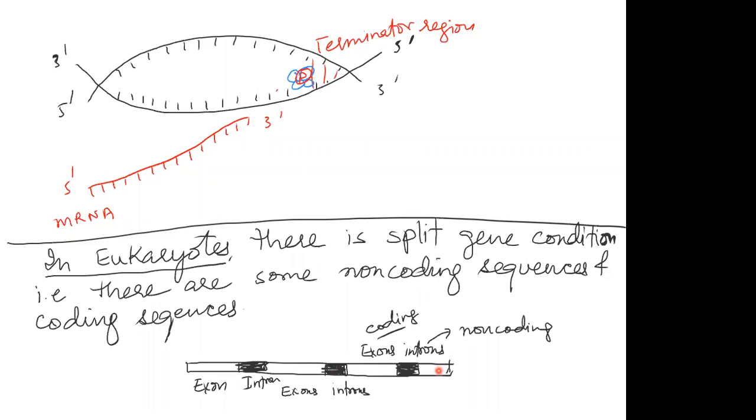So there could be combinations of these exons and introns which may be forming one of the protein or the other. In fact, for a single protein, there could be only these exons required, and for the other proteins, the introns lying in here may be the exons. So there could be combinations of this.